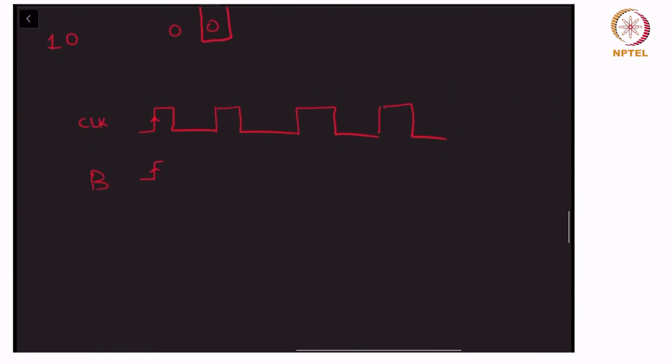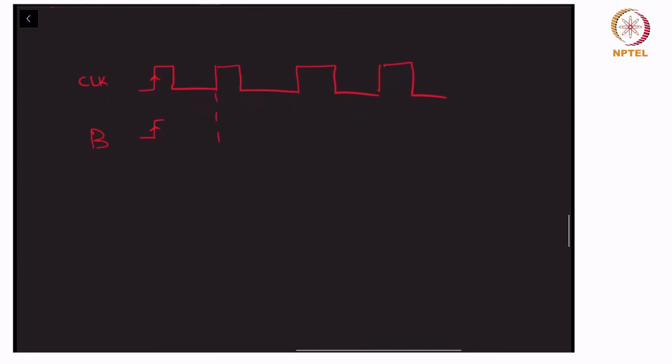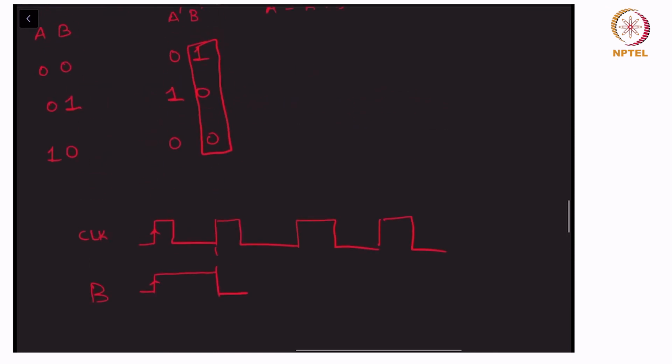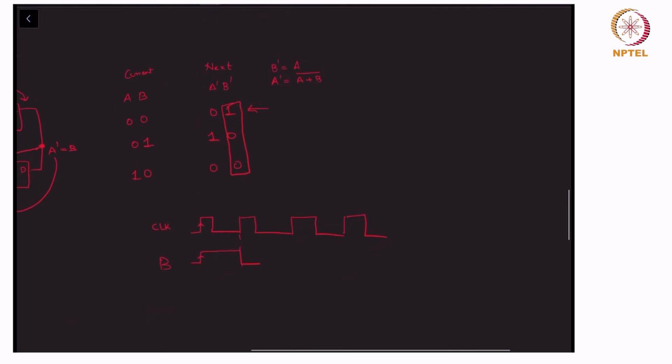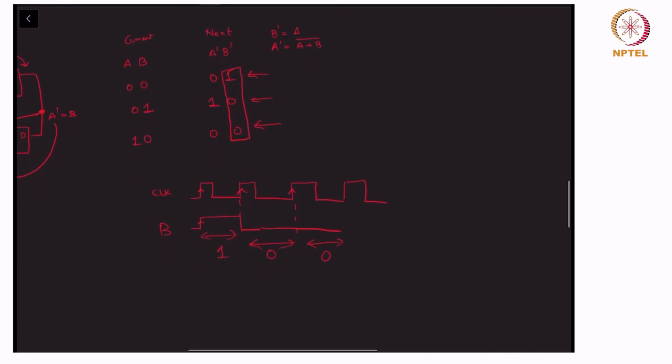On the next positive edge B goes down to 0. On the next positive edge it is still 0, that 0 corresponds to this guy, and then on the final positive edge you become 1 again, which will only stay till the next positive edge.